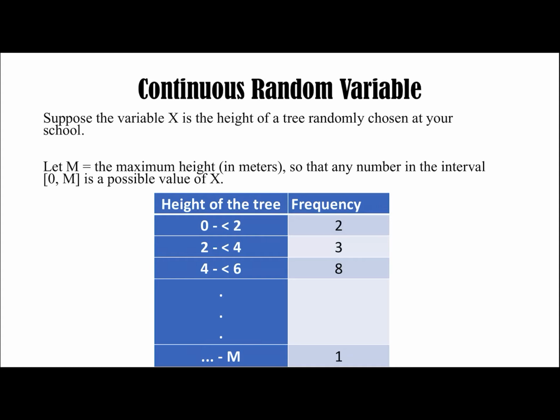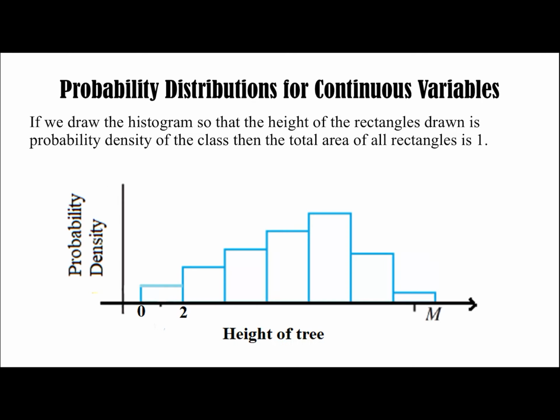And if we represent this in a histogram, the vertical axis represents the probability density, which is the probability divided by the class size. So in this case, the class size is 2.